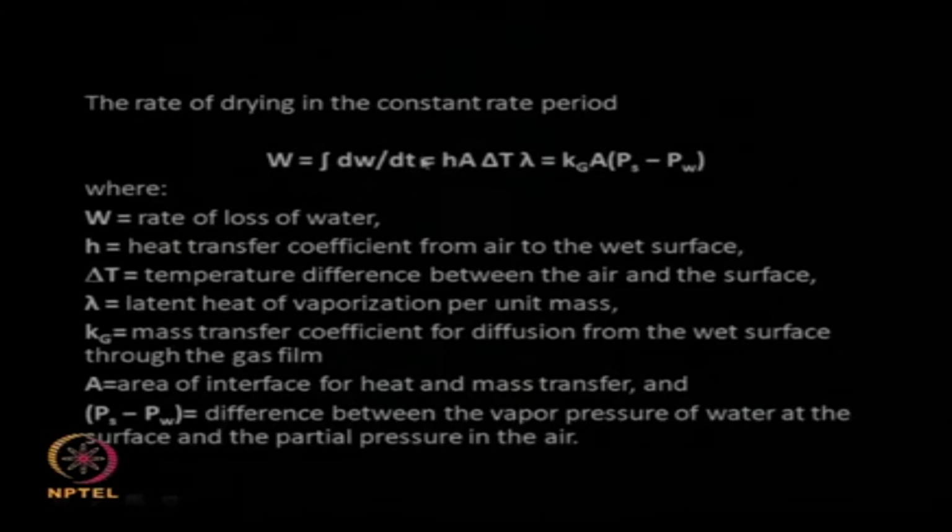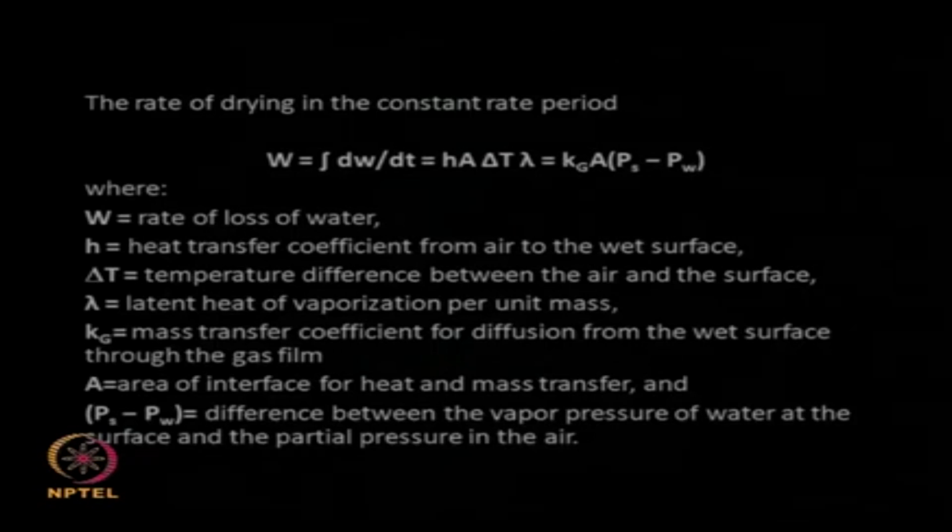Now, there are two things happening, one is the vapor is getting evaporated and the heat is just sufficient for the water to move from the liquid to the vapor state.